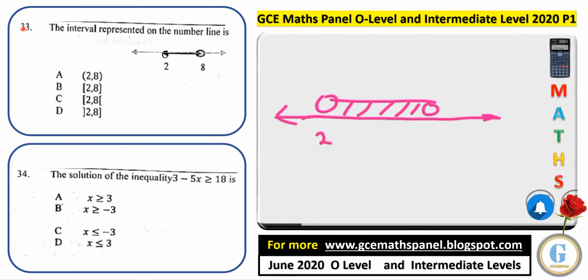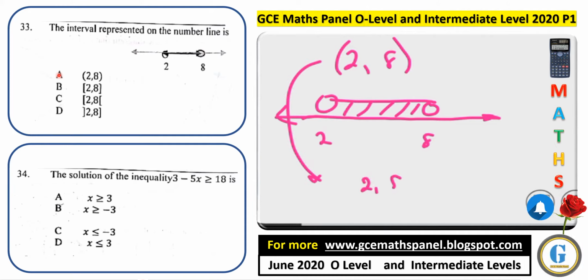So this interval is open at 2 and at 8, therefore the boundaries are not included. So B is not correct because B includes the boundaries. C is not correct because the left boundary is included. D is not correct because the right boundary is included. So the only correct answer here is A, 2, 8, with the two boundaries not included. Normally this one can equally be written as 2, 8, with the brackets facing outwards. So this is another way to write it. So our key here is A.